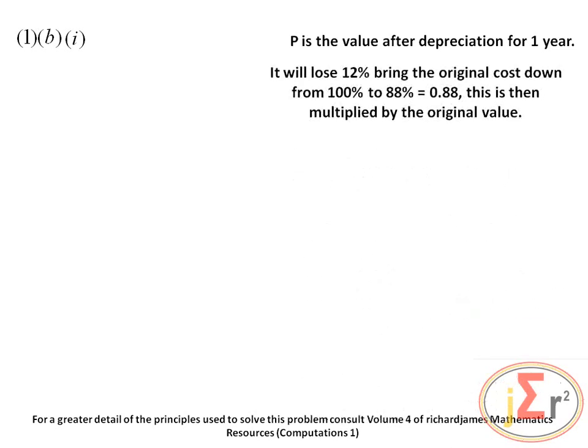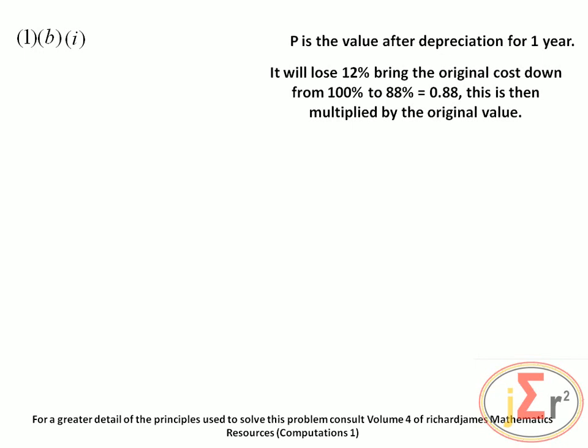So we will depreciate $40,000 by 12%. So 12% will be lost, bringing the original cost from 100% to 88%. Right? So we are going to subtract that 12% from 100%, we get 88%. And of course, 88% is actually equal to 0.88.